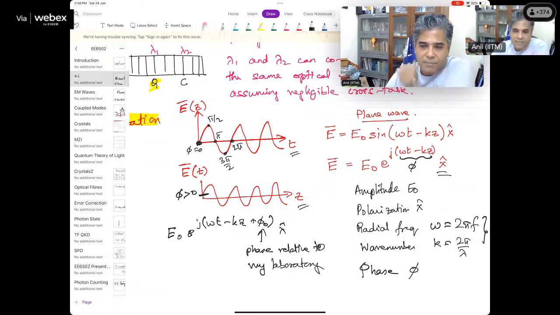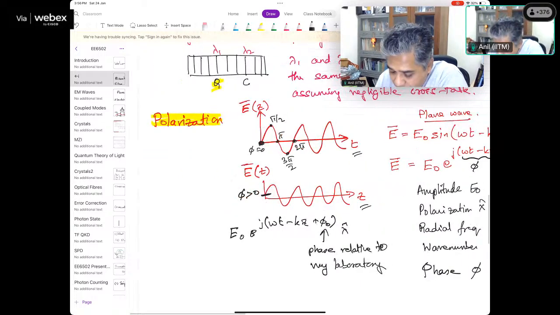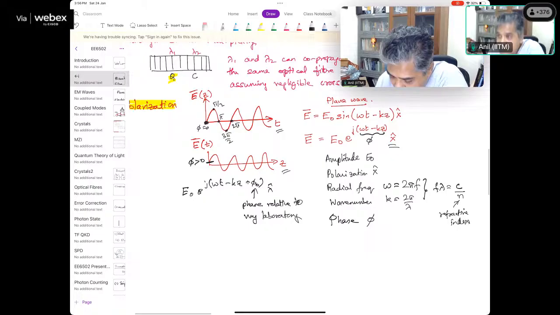But remember, there are many things that are critical out here. There is time, there is z. Z, I can again say my laboratory is z equal to 0. So one has to remember this picture a little bit when we start doing quantum communications.